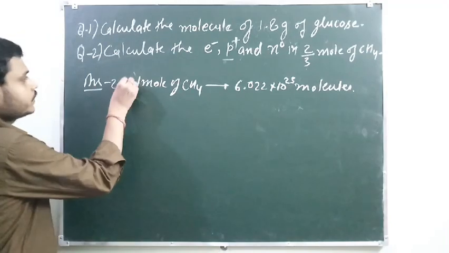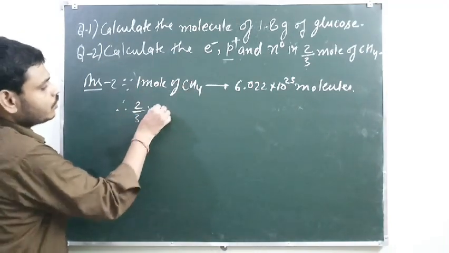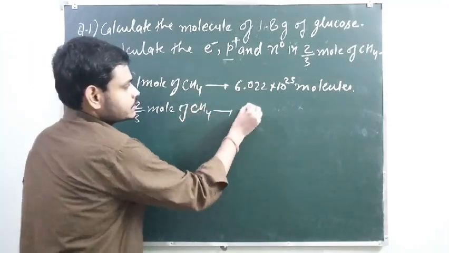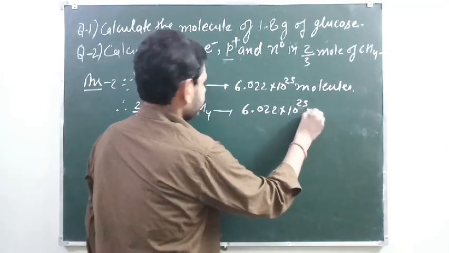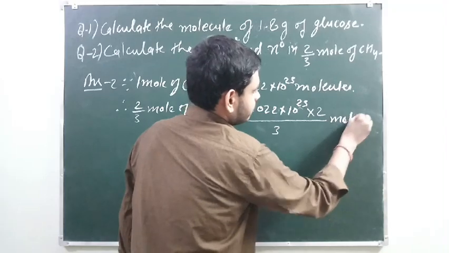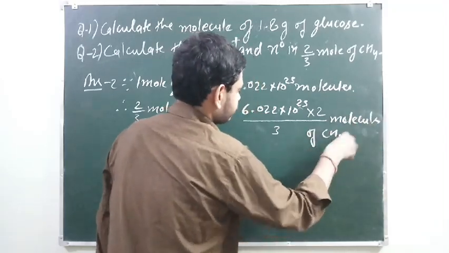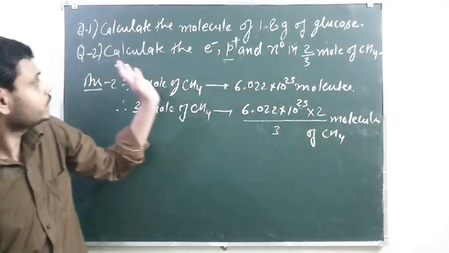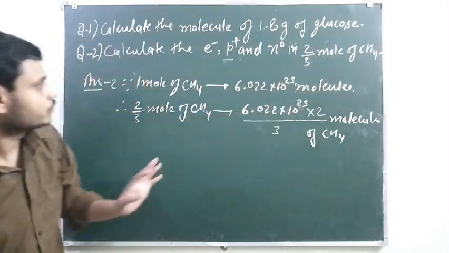Therefore, 2 by 3 mole of CH4 contains 6.022 into 10 to the power 23 into 2 divided by 3 molecules of CH4.